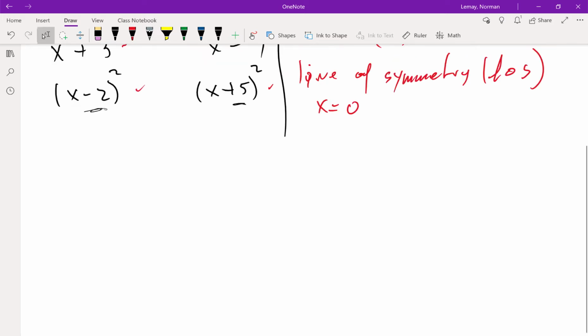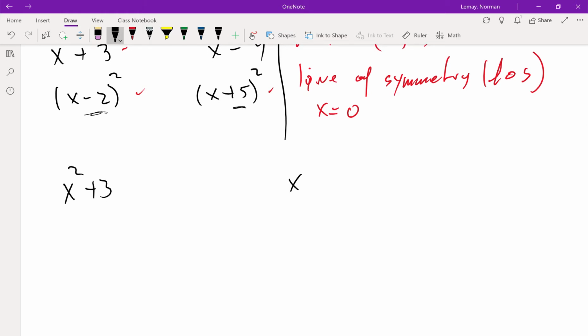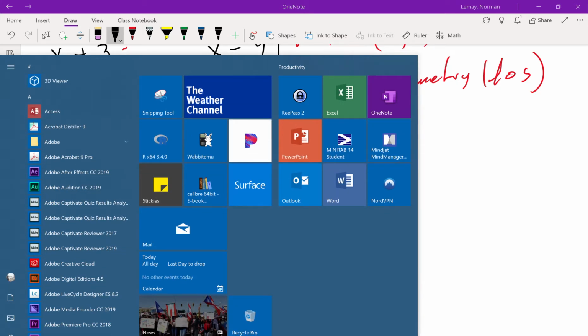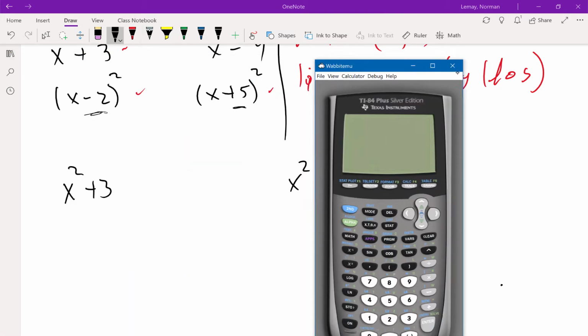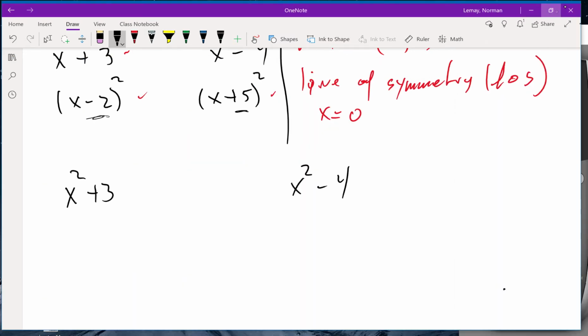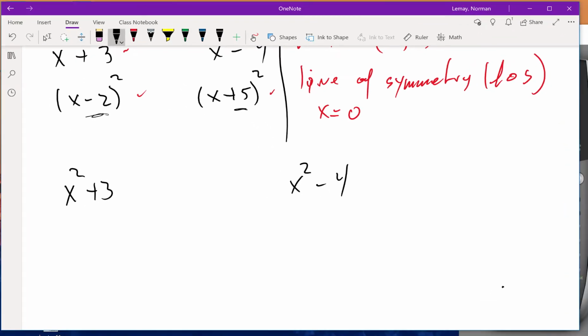In the meantime, let's take a look at x squared. I'm going to change my ink. Take a look at x squared plus 3, and see what this has to do with our graph, and then we'll take a look at x squared minus 4. Now you can go through your reading in your textbook and you will have a sense of what's going on from that point of view.